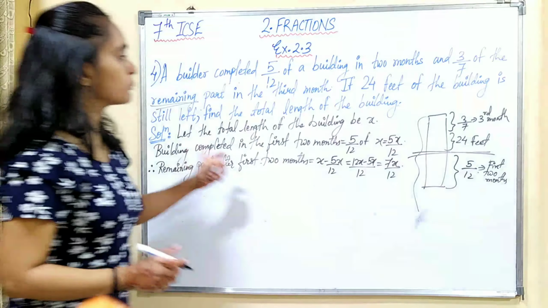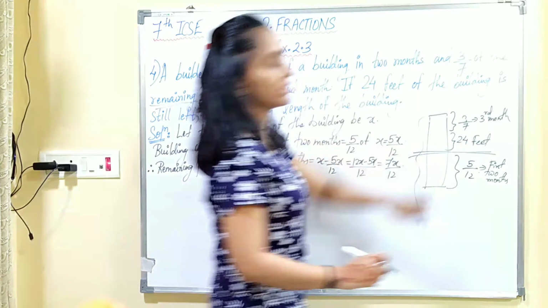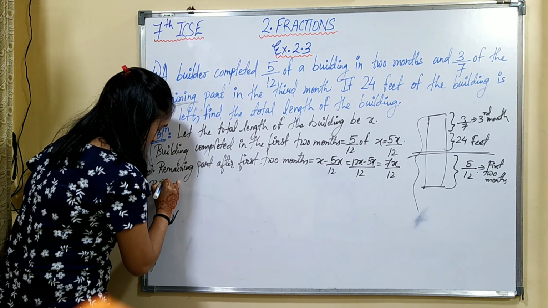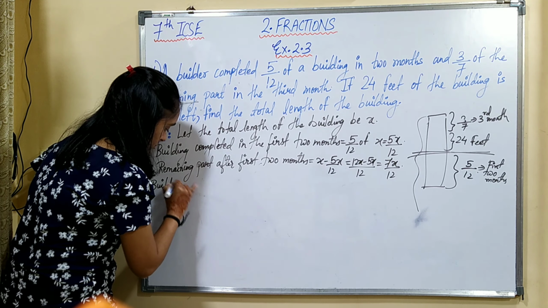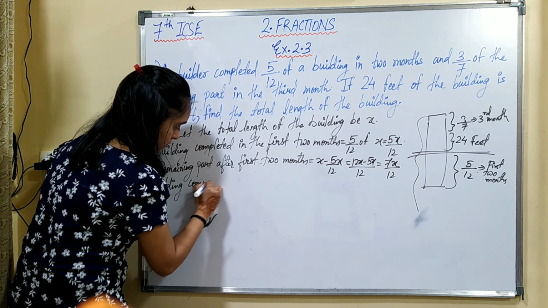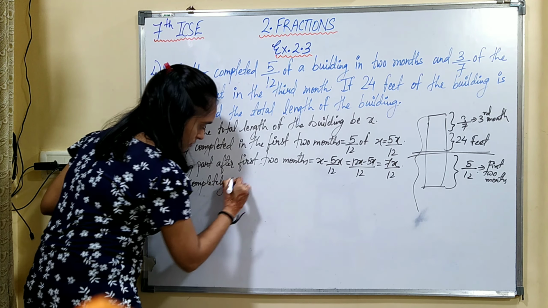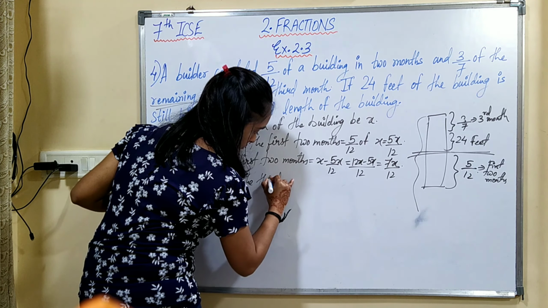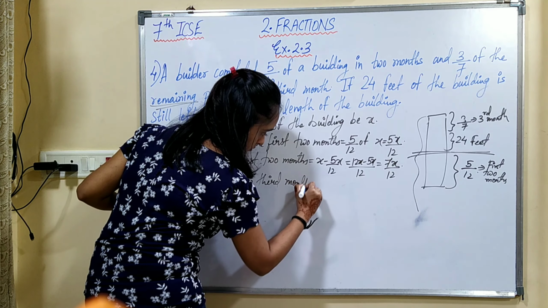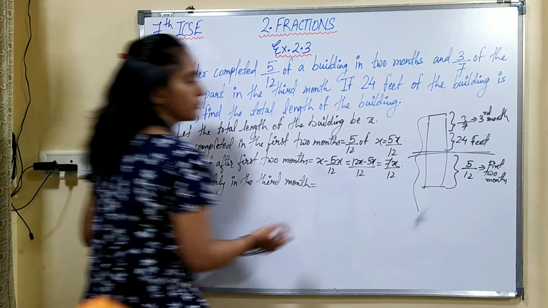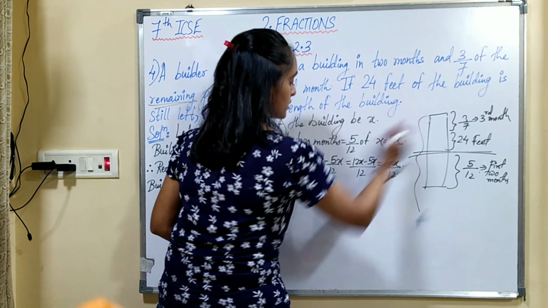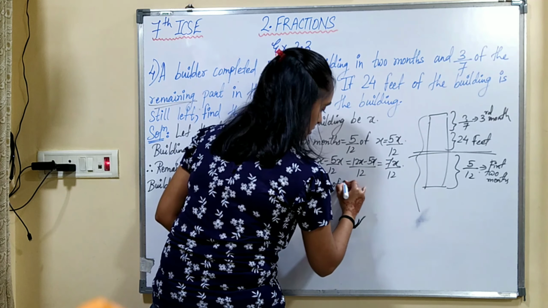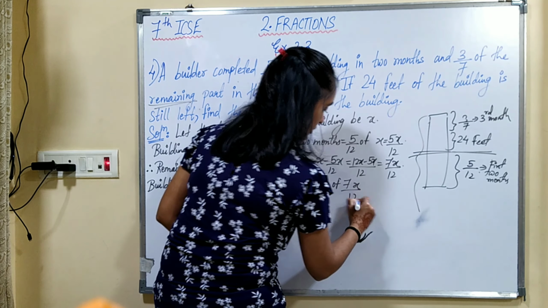So out of the remaining part, he completed 3/7 in the third month. So building completed in the third month will be what? 3/7 of this 7x upon 12.